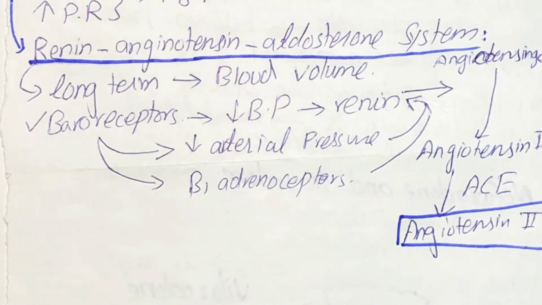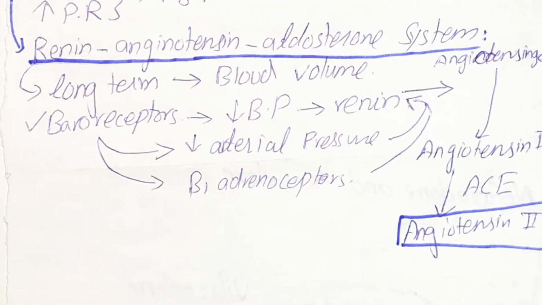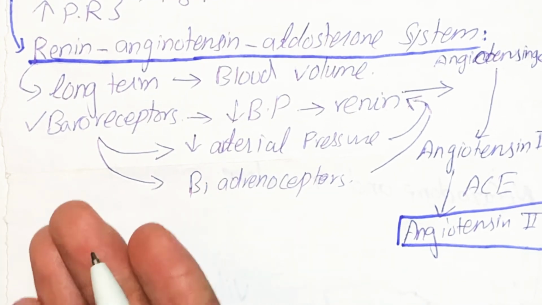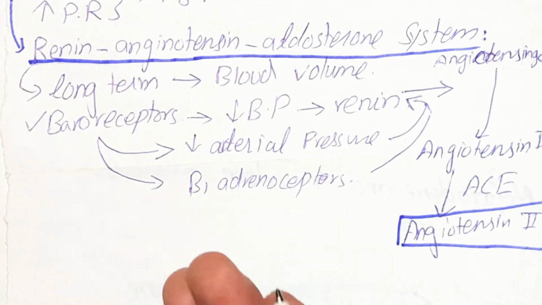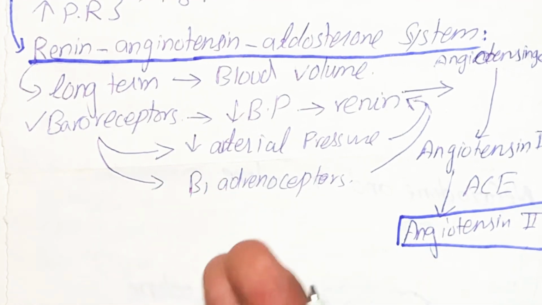It will cause the constriction of both arteries and veins, resulting in an increase in blood pressure, because there will be an increase in peripheral resistance because of vasoconstriction. Increased peripheral resistance causes an increase in blood pressure, as we have discussed earlier, because peripheral resistance is directly proportional to blood pressure.